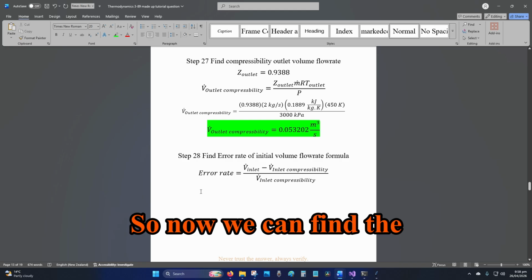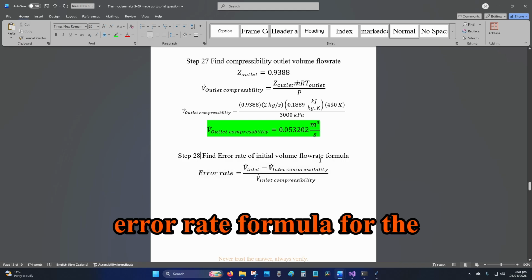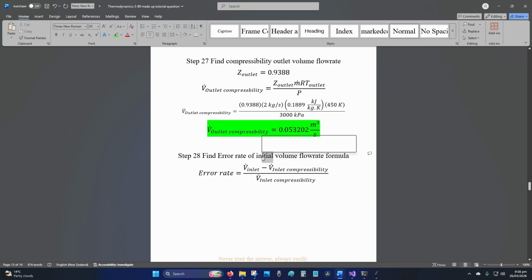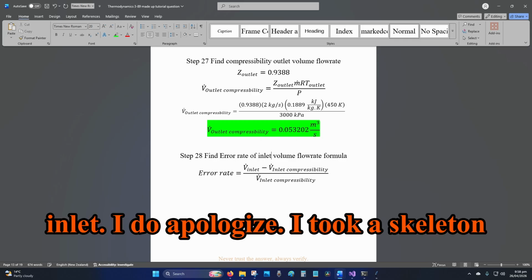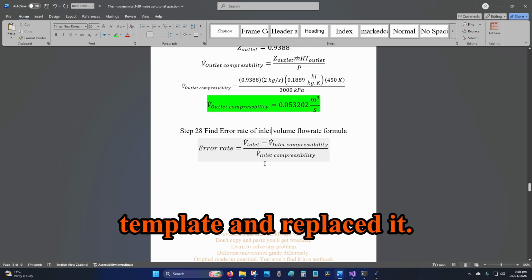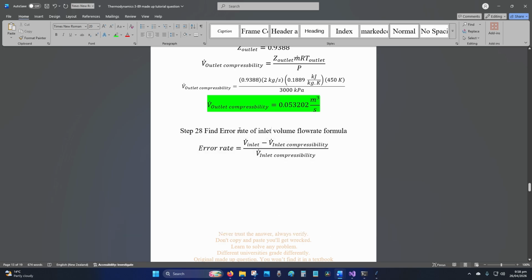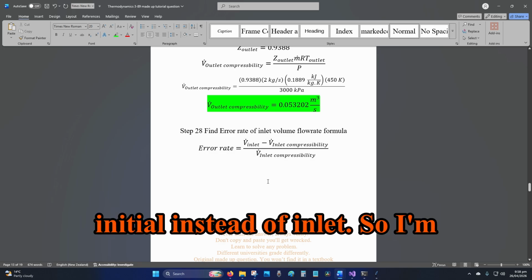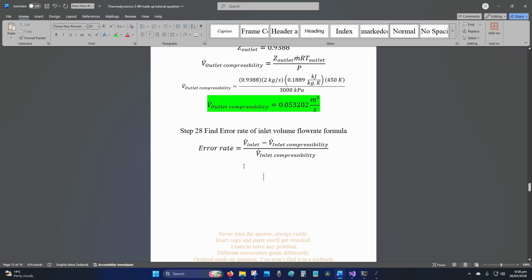So now we can find the error rate formula for the inlet. I do apologize. I took a skeleton template and replaced it, so you'll find that I've got initial instead of inlet, so I'm replacing them as I go.